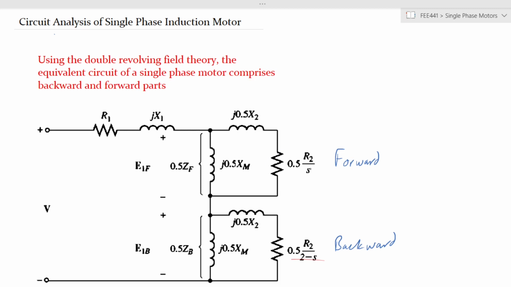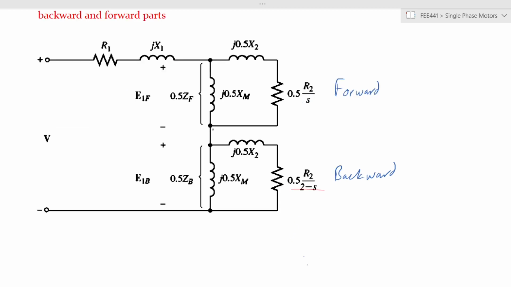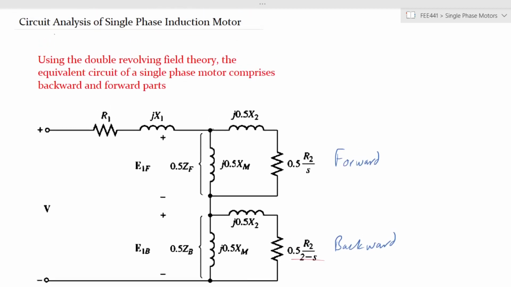This is because if you look at those two components, you will have the forward component and the backward component accounted for.